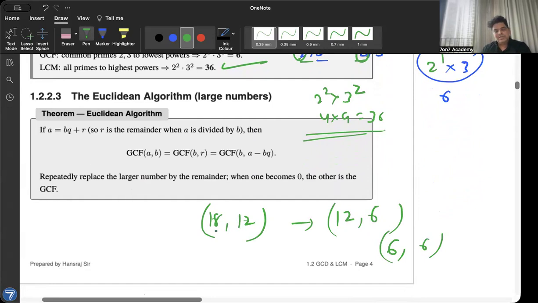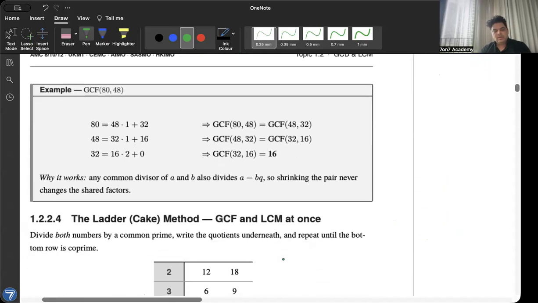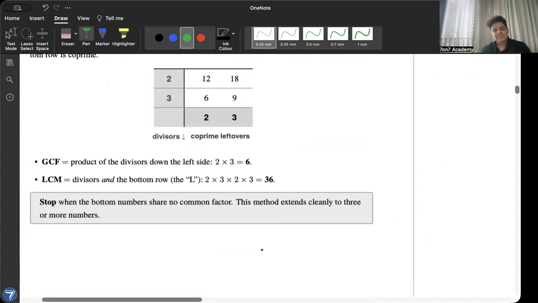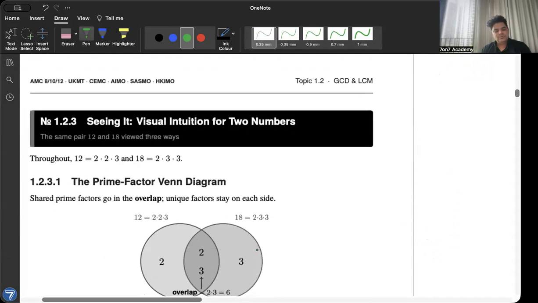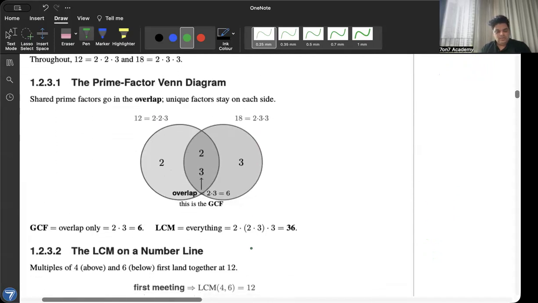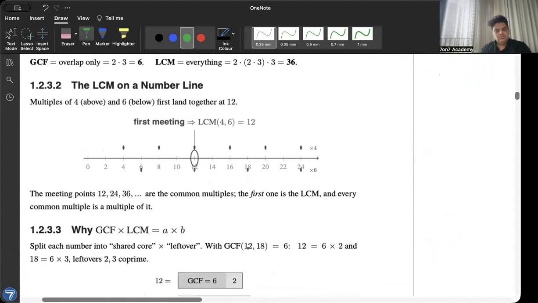What did I do? I wrote the lower one out of these two, 12, then subtracted it and wrote here. Again I do the same thing, I write the lower one, subtract and write. When the numbers become the same, that is your GCD. I don't know what method this is, I think it is my own method, but this works.